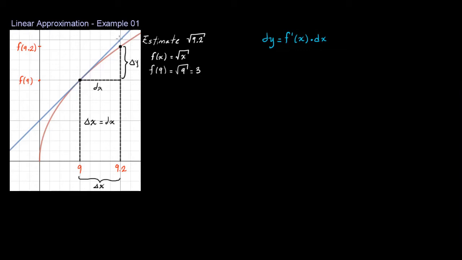The delta y is not exactly the same as dy. But dy and delta y are really close as long as we get really close to this value. If we're really close in terms of this graph we're showing, we can conclude that dy will be approximately the same as delta y, and vice versa.